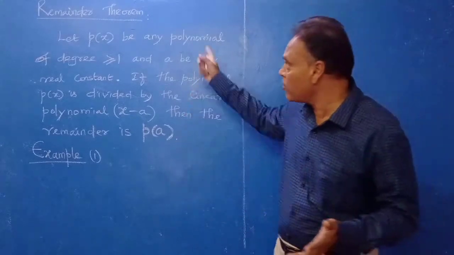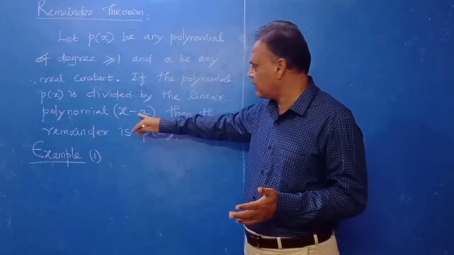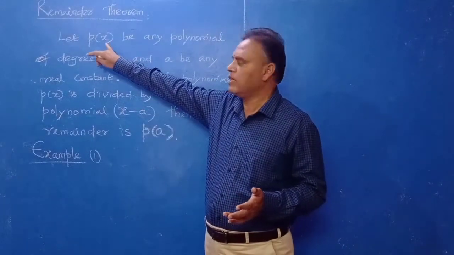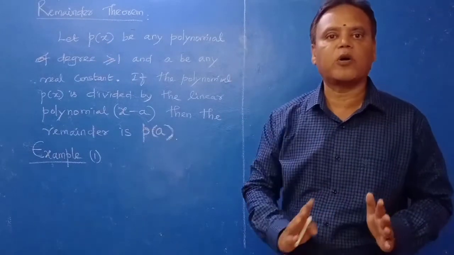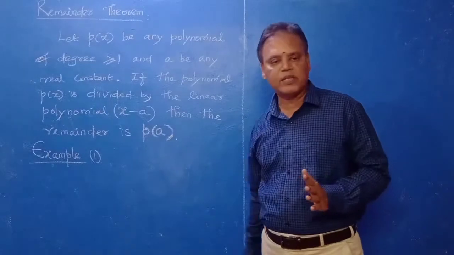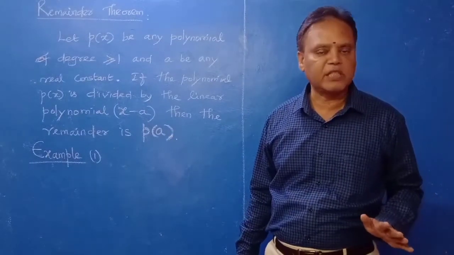But using the remainder theorem, if you put this a value in x, you will get the value of the polynomial. That value of the polynomial is called the remainder. Clear? You need not use the long division method.